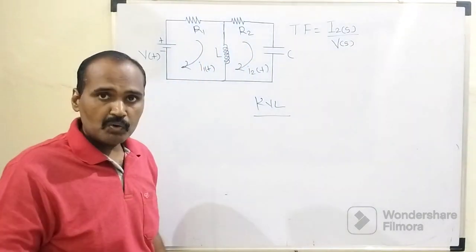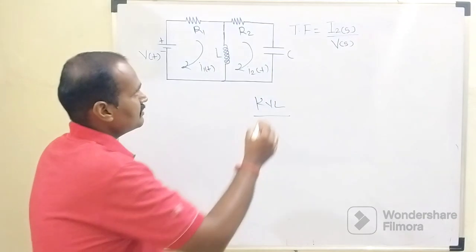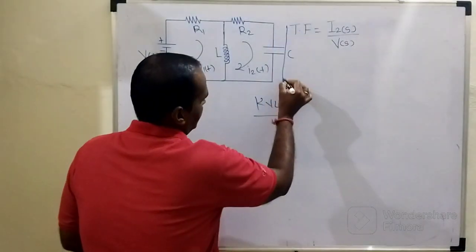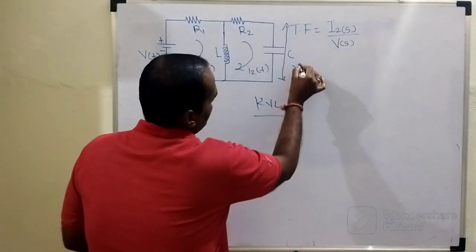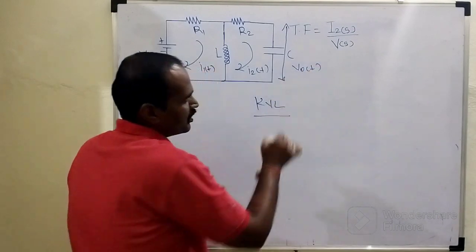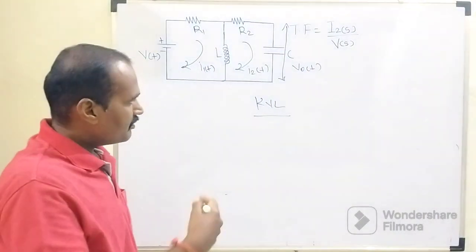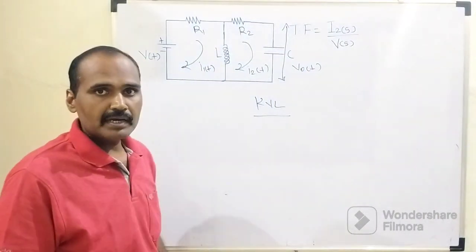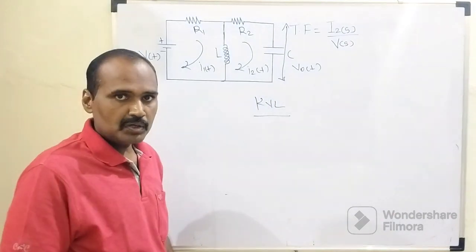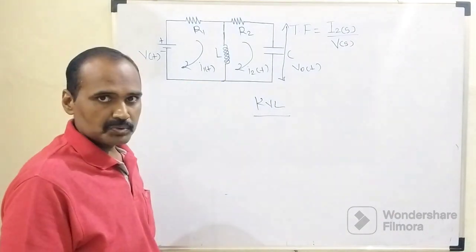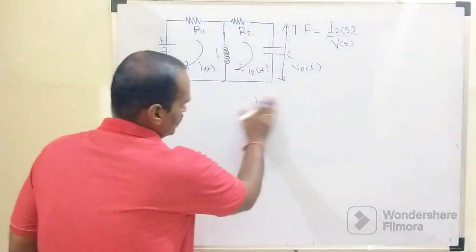As far as the output is concerned, the output is taken across this capacitor. Here we get the output voltage denoted by V naught of t. One by one we will apply Kirchhoff voltage law to the first loop as well as to the second loop. So let us quickly go through.